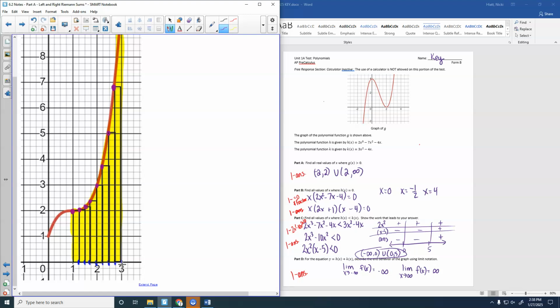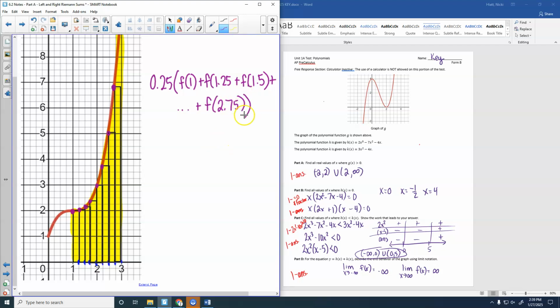Whenever we're doing the left Riemann sum, we leave off the last one. If we're doing the right Riemann sum, we leave off the first one and use all the right side. So what we're doing is 0.25 times f of 1 plus f of 1.25 plus f of 1.5 plus, dot, dot, dot, all the way to 2.75.